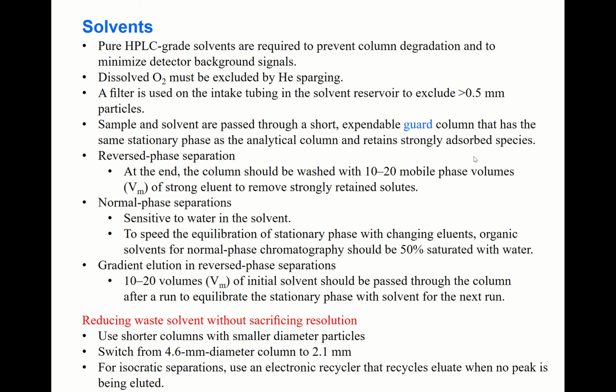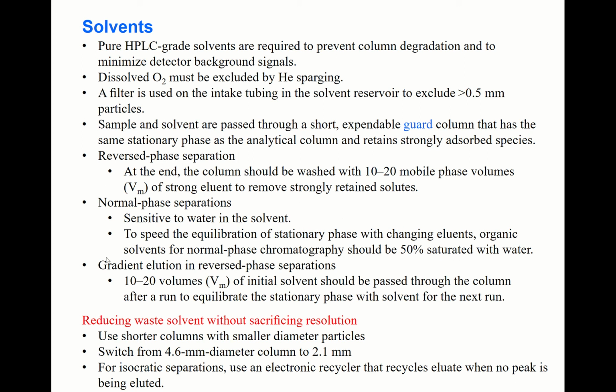For reversed phase separation, at the end the column should be washed with 10 to 20 mobile phase volumes of strong eluent to remove strongly retained solute. At the end of the experiment, the column must be washed with strong eluent to remove the strongly retained solute.